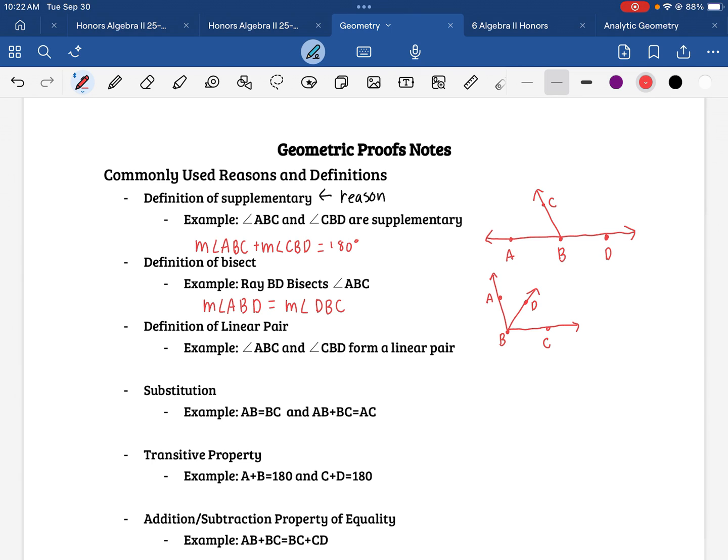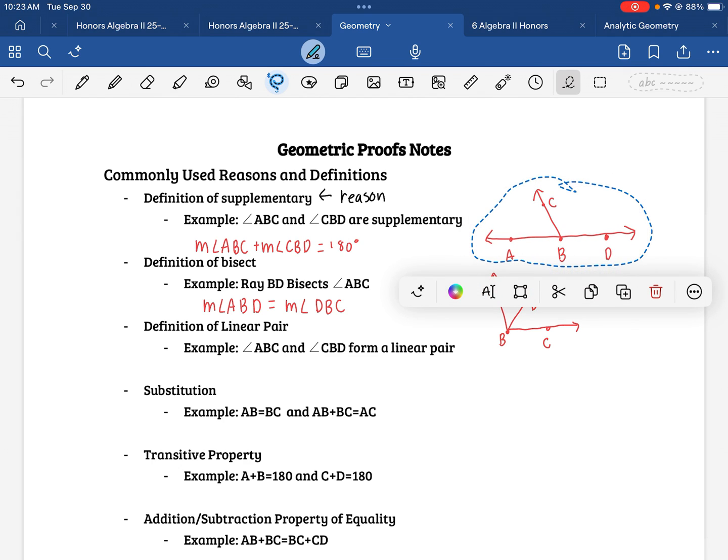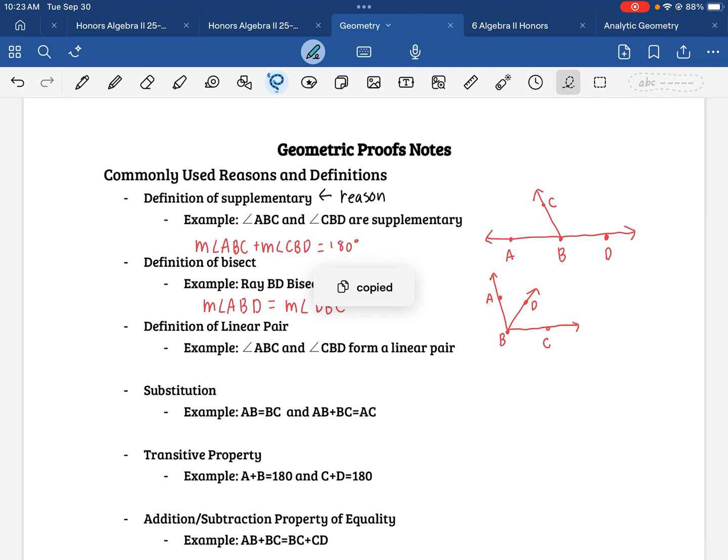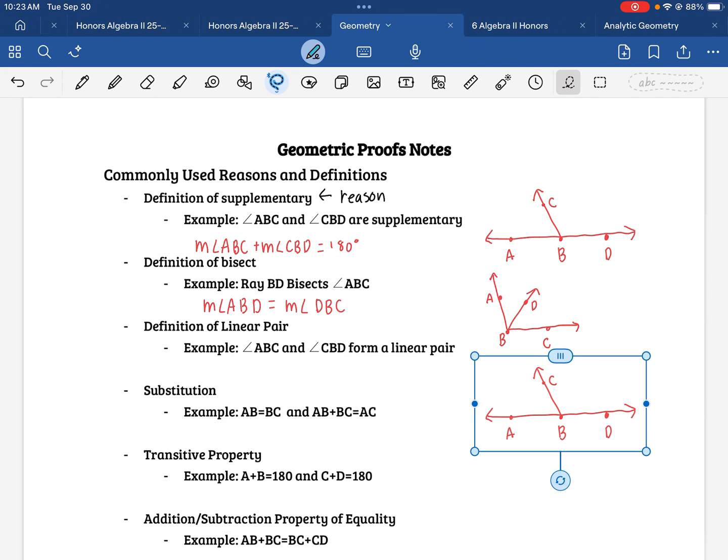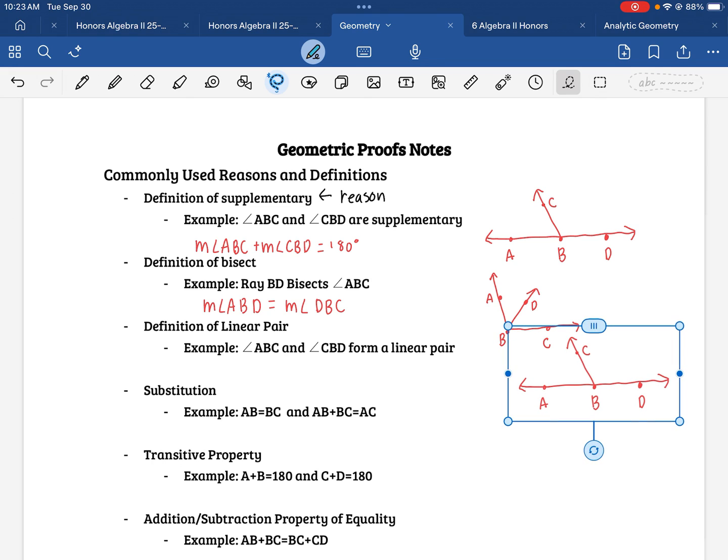Okay, next one, definition of a linear pair. As an example, we know that angle ABC and CBD are going to form a linear pair. I'm actually going to just copy this picture that I did up here because we can use that same one again. It's the same idea for a linear pair.